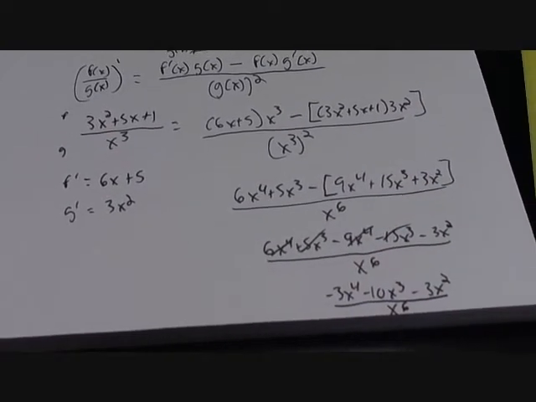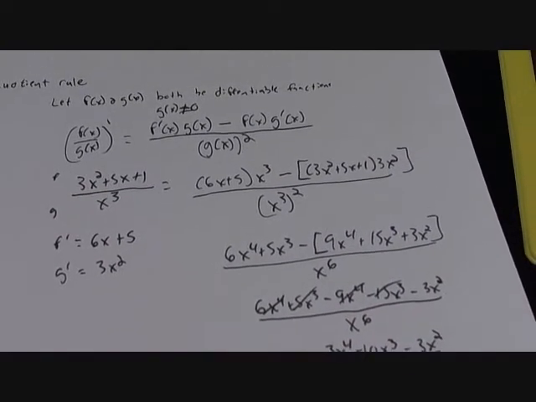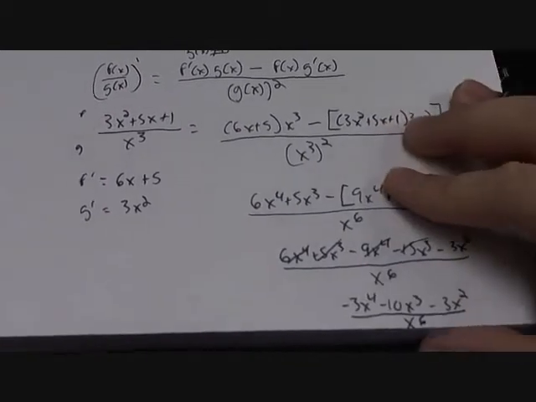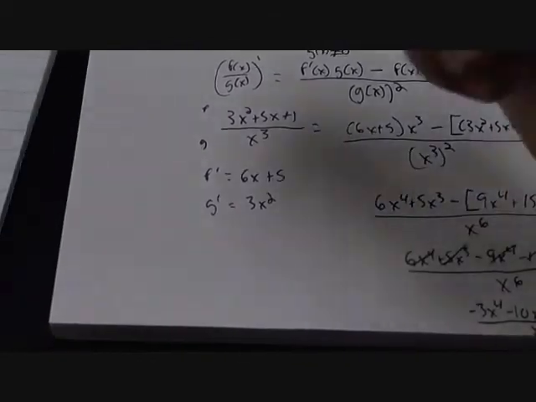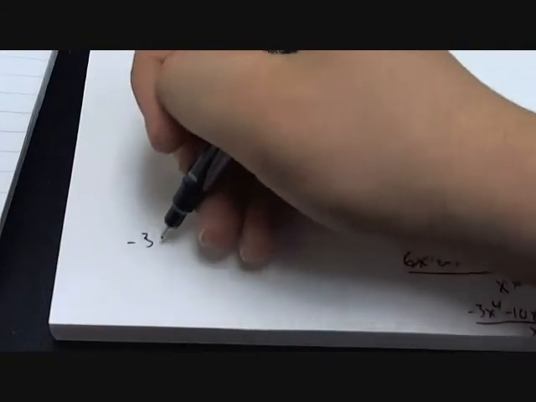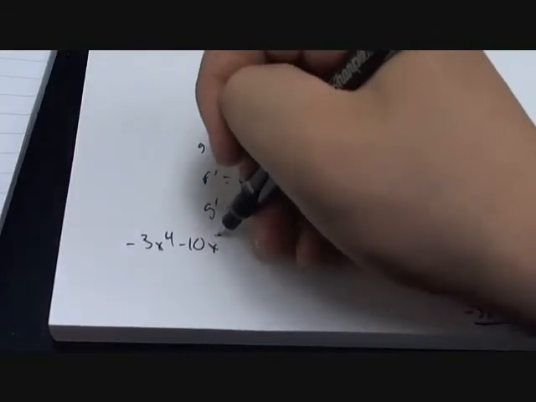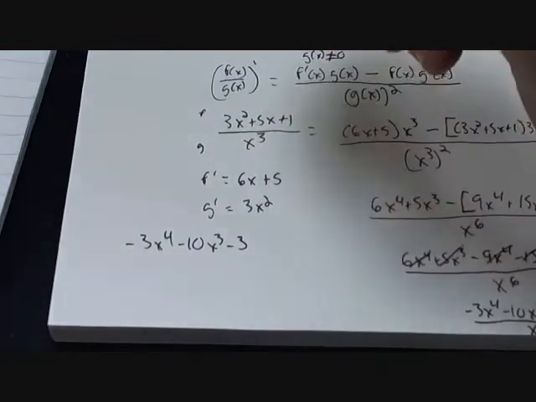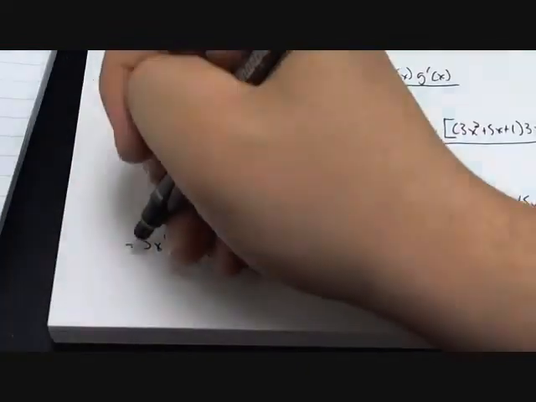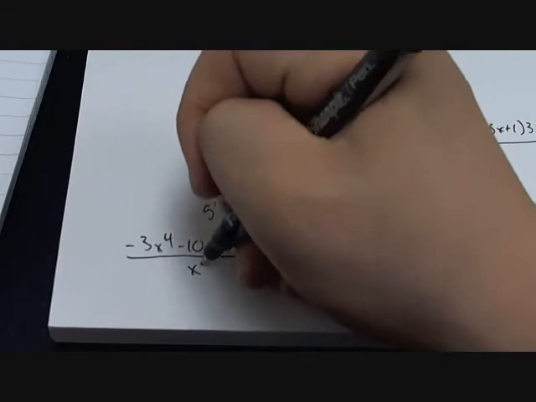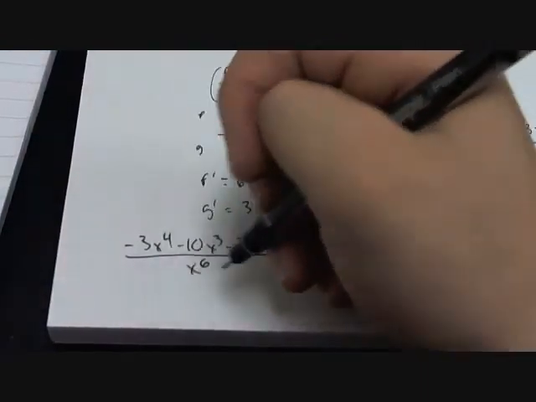Alright, so simplify that. You can factor out x squared. I'll just do it over here because I'm right out of room. So negative 3x to the fourth minus 10x cubed minus 3x squared divided by x to the 6. Factor out x squared.